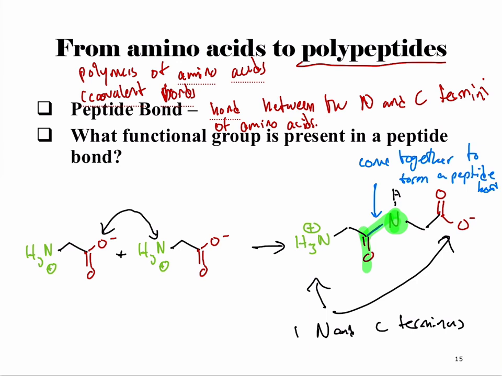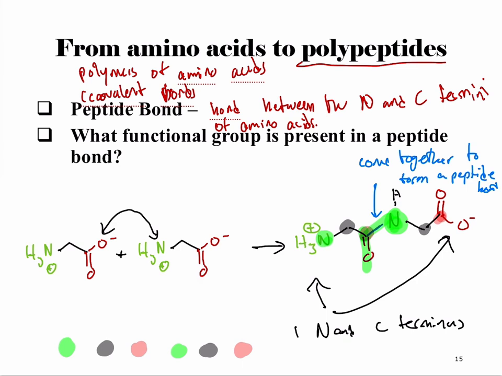And what I mean by that is if we looked at each point, we have the amine, then we have the alpha carbon, then we have the carbonyl carbon, followed by another amine, followed by alpha carbon, followed by carbonyl carbon, right? So this is the same sequence throughout the entire protein backbone. We have the amine, alpha carbon, carbonyl, amine, alpha carbon, carbonyl, right? So this sequence can go on forever.